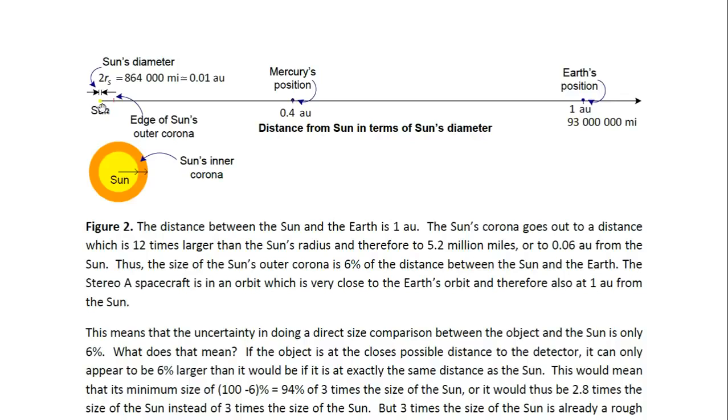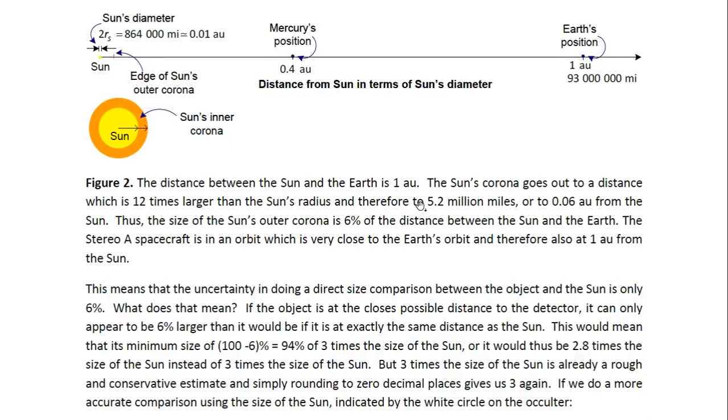And here we see this is the diameter of the Sun, and the Sun's diameter is 864,000 miles. So this is about 0.01 AU. And here what is indicated is the outer edge of the Sun's outer corona, indicated by this red line here. The Sun's inner corona is indicated here, but we're not using it in this article.